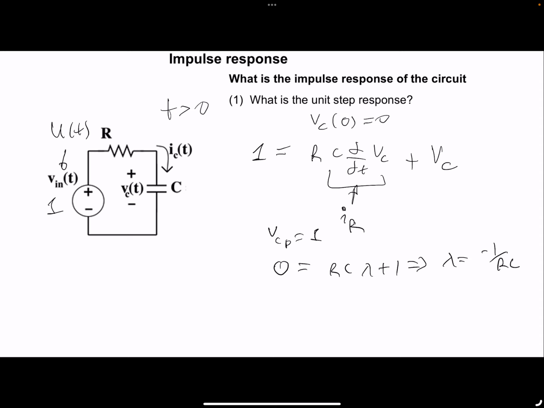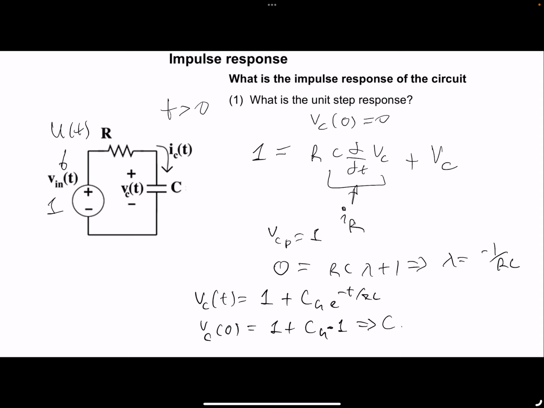And then we can use our initial condition to find the total solution. So basically we have Vc of t equals 1 plus C homogeneous e to the negative t over RC. And then Vc of 0 will be just 1 plus C homogeneous times e to the 0, which is just 1.